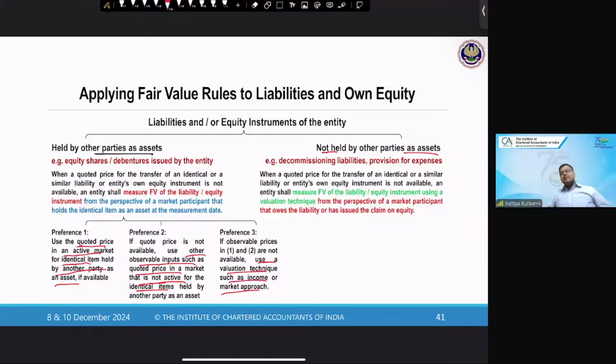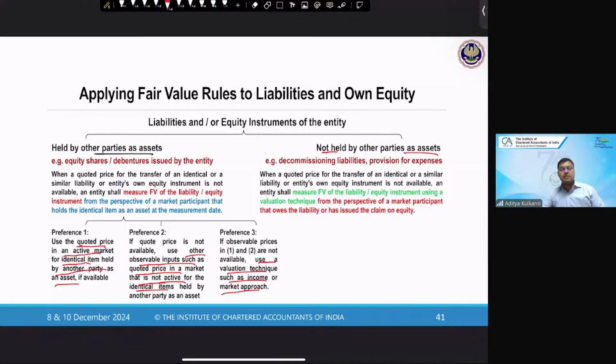So basically, my liabilities valuation or my equity valuation depends on two things. One is if it is an asset for the counterparty. If it is an asset for the counterparty, is there any change in the valuation approach? Answer is no. It is basically following the core principle of maximize the use of observable inputs, minimize the use of unobservable inputs.